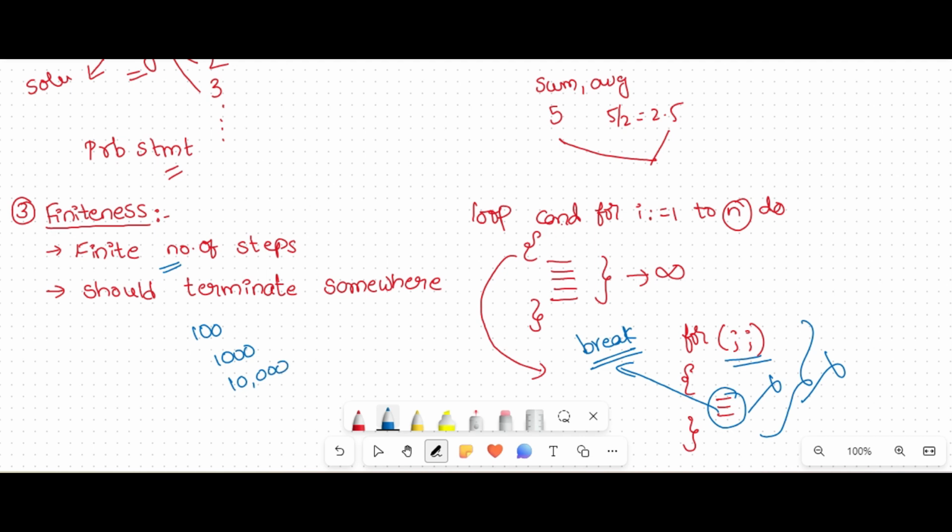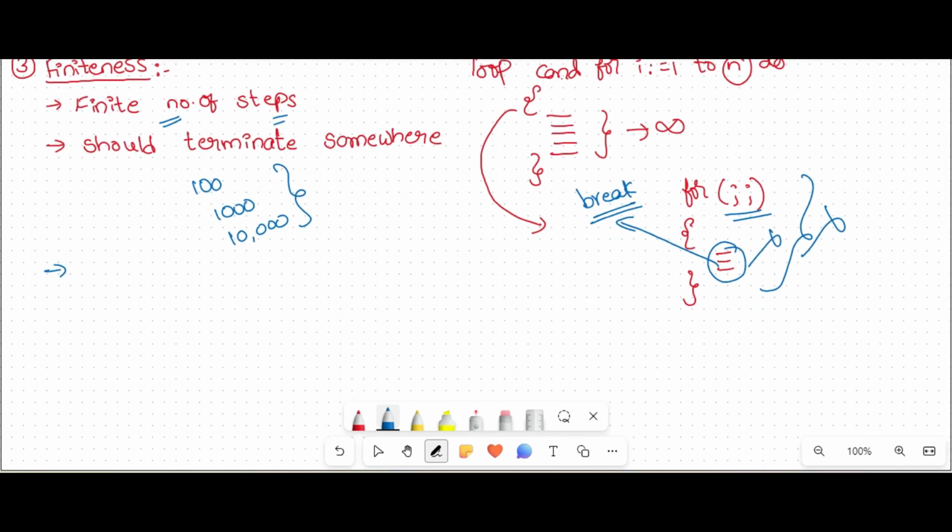Some limit is there. It doesn't mean that you are writing an infinite number of statements or steps. It should terminate somewhere. It should not go to an infinite loop. That is the meaning of the finiteness property.